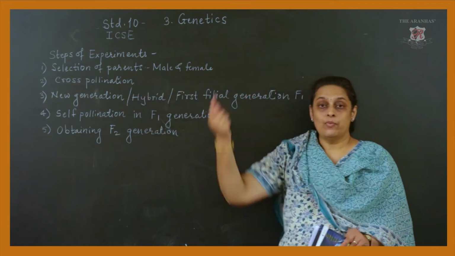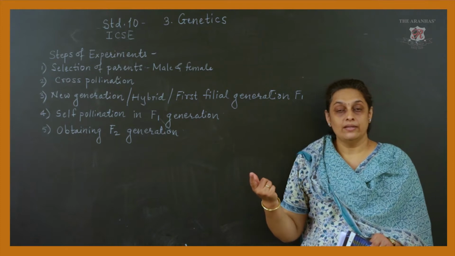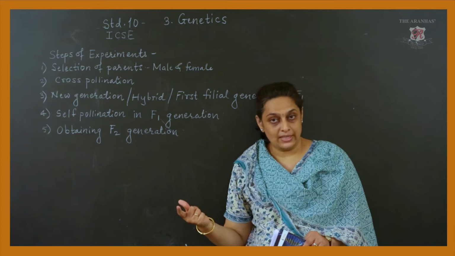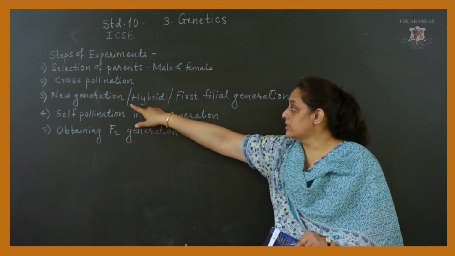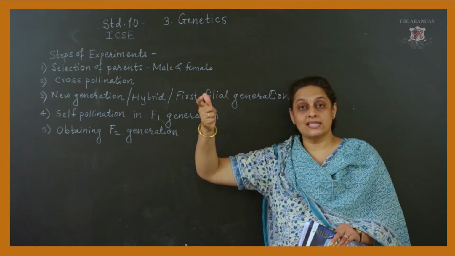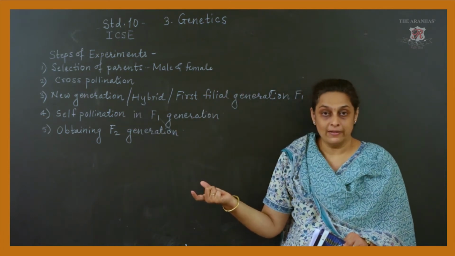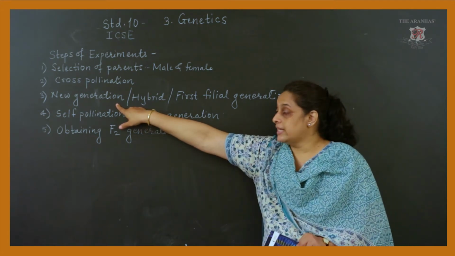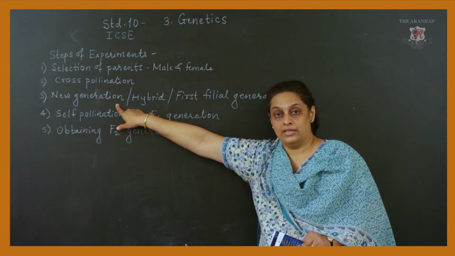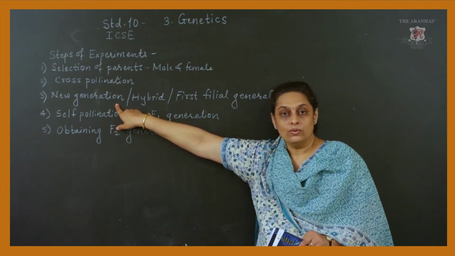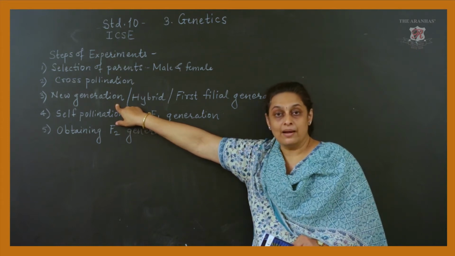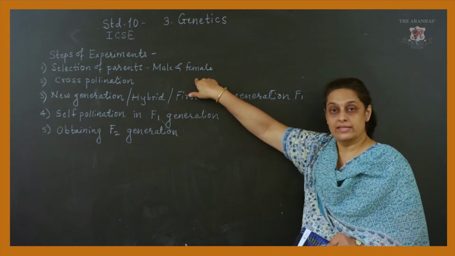Of course after pollination there will be formation of fruits and seeds as a result of fertilization. So those round pea seeds which we eat as a vegetable, those seeds represent new generation, because now these seeds will have characters combined from the two parents.